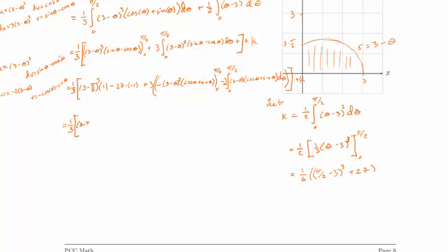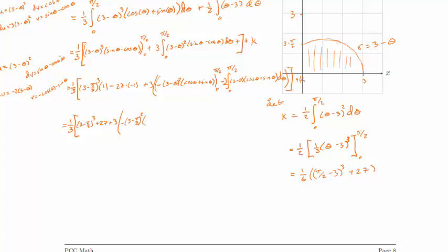3 minus pi over 2 cubed plus 27 plus 3 times negative 3 minus pi over 2 squared. Cosine of pi over 2 is 0, plus sine of pi over 2 is 1.